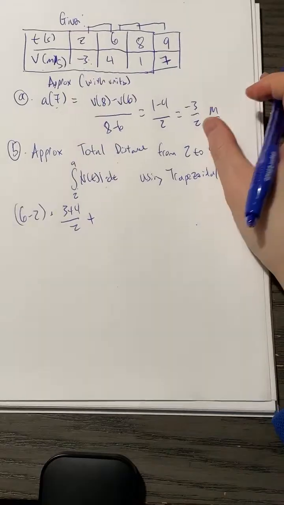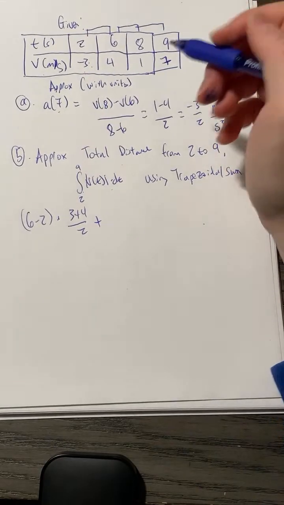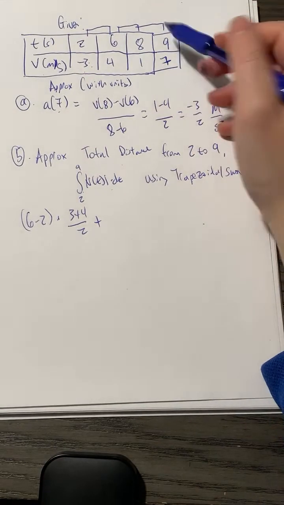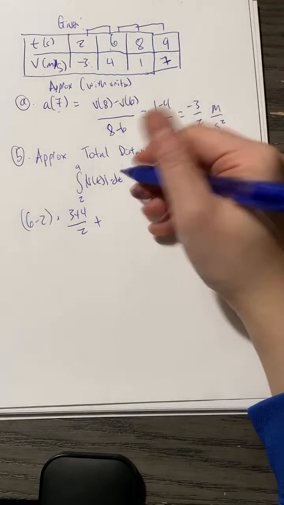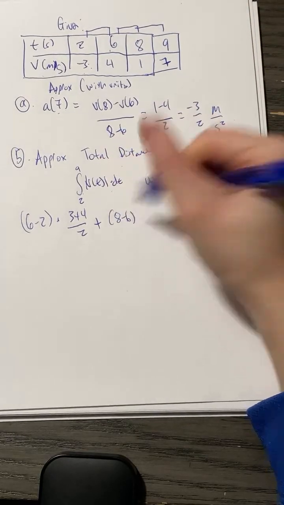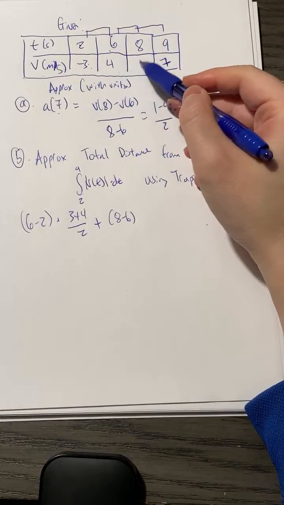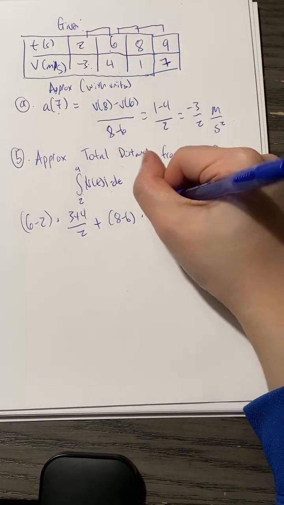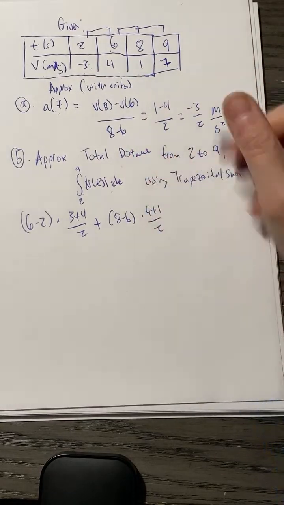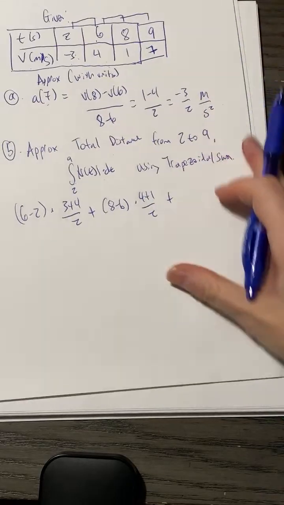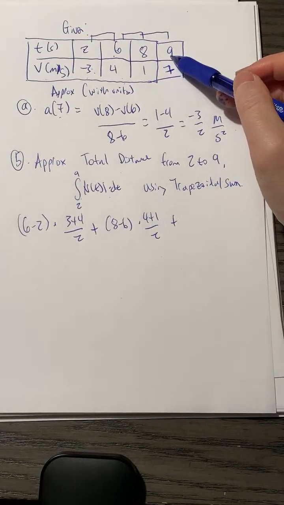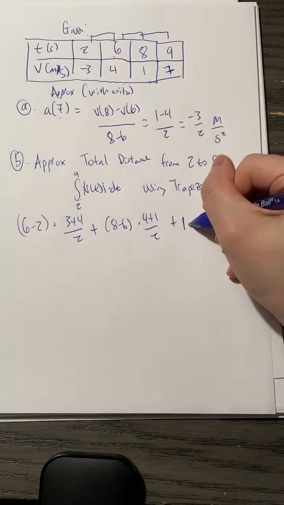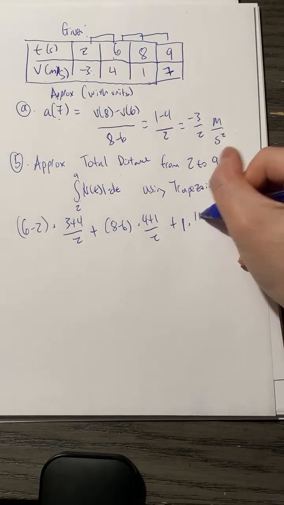The next ones shouldn't be any trickier than that one, because there's no negatives here. But it's going to be the difference in the x's, so it's going to be 8 minus 6. And then instead of doing 4 or just 1, we do the average of the two, so 4 plus 1 over 2. And then the final trap is 9 minus 8, which is 1, times 1 plus 7 over 2.